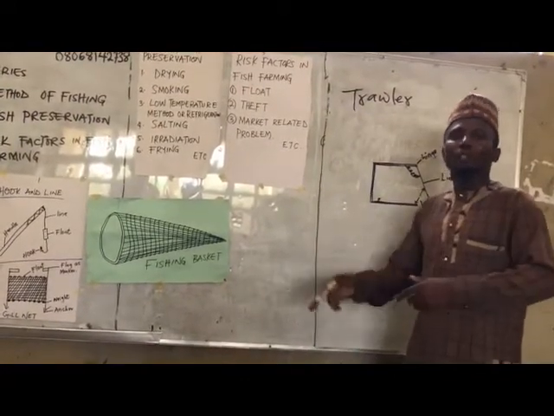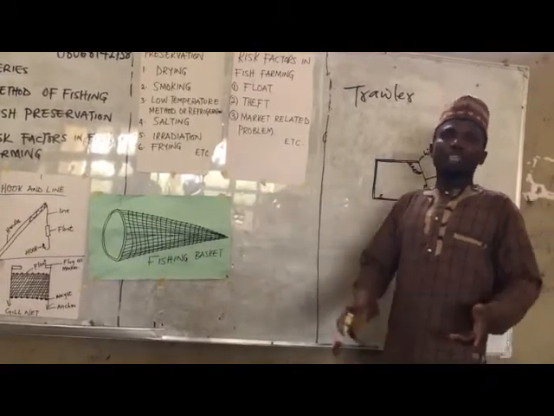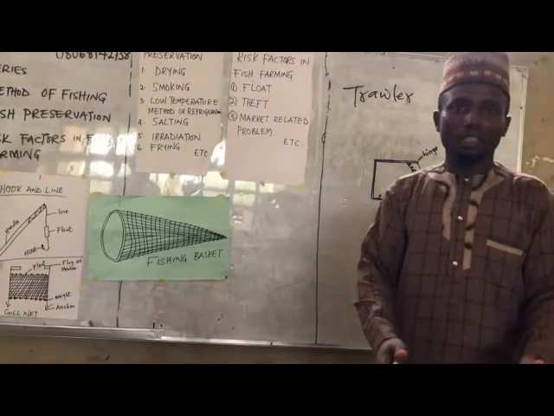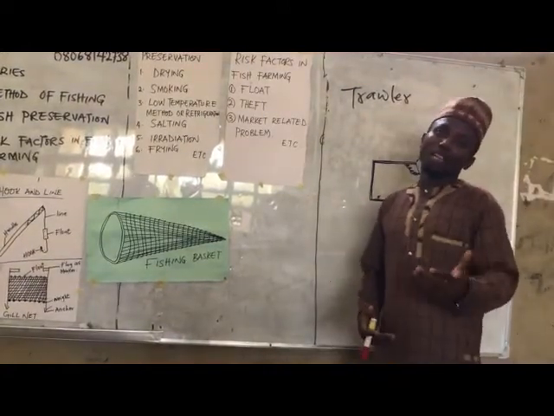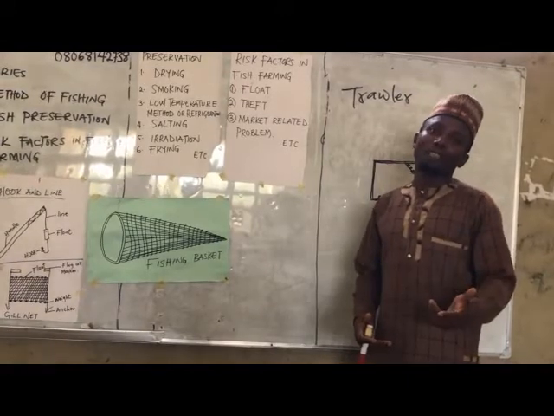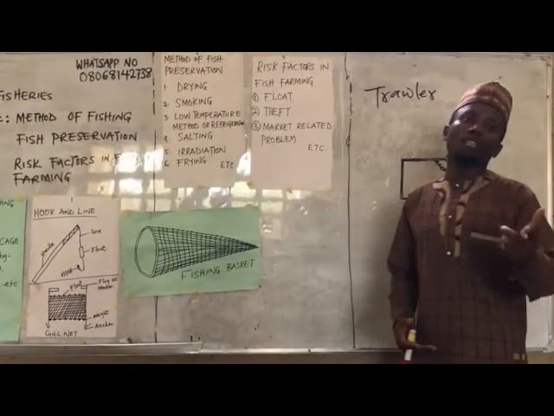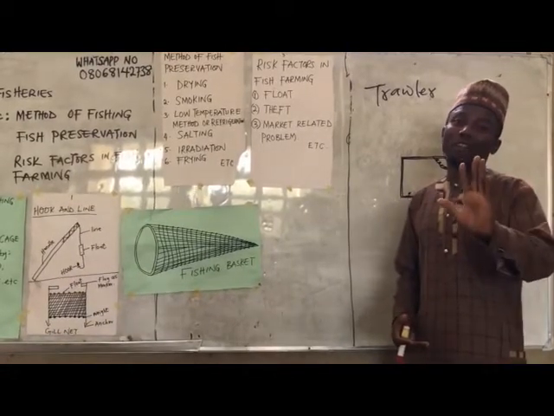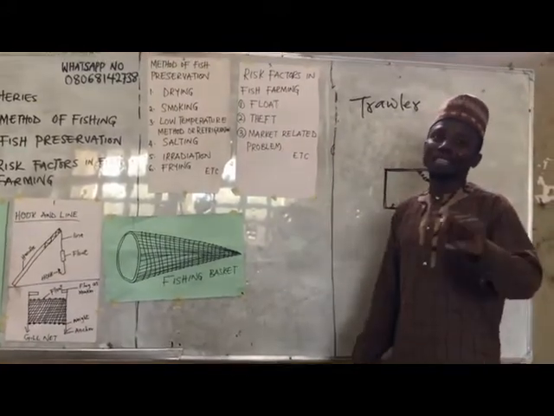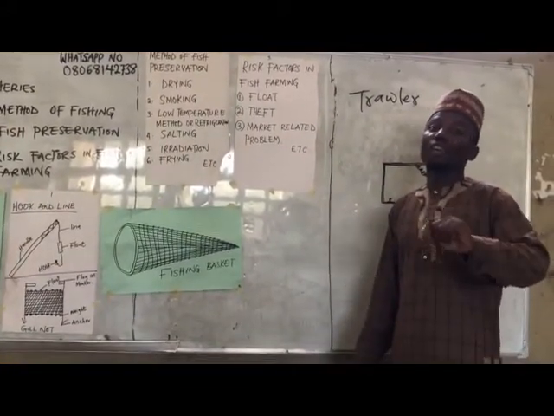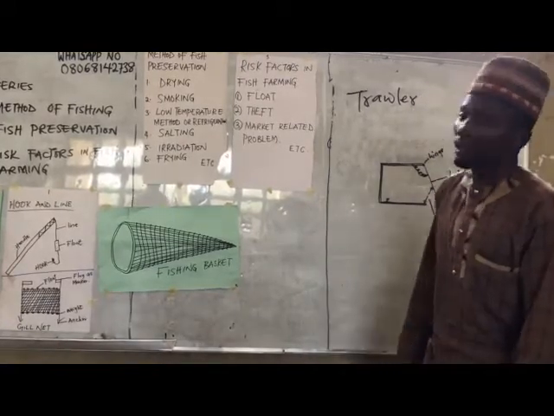As a result of this, some dubious people will try to take advantage of buying on credit. And as we all know, not all people that buy on credit always pay back. So when it is time for them to pay back, they will be giving you excuses. So that is another risk factor in fish farming. Those are the things that can make farmers incur loss, which we refer to as risk factors in fish farming.